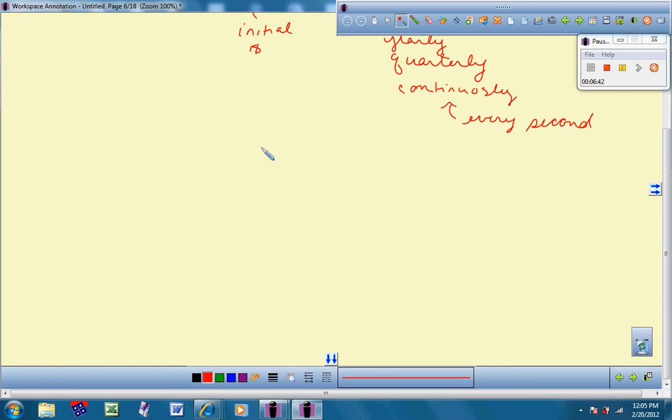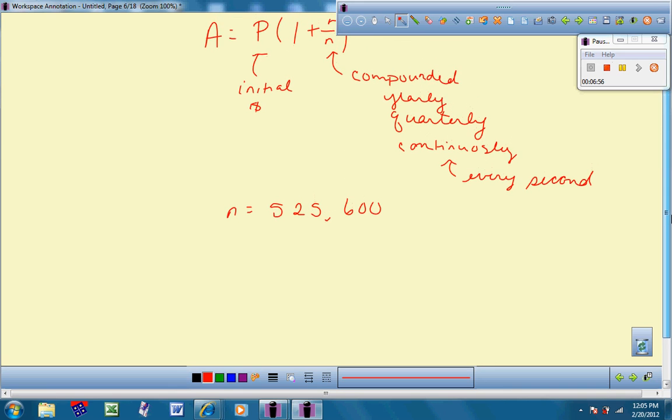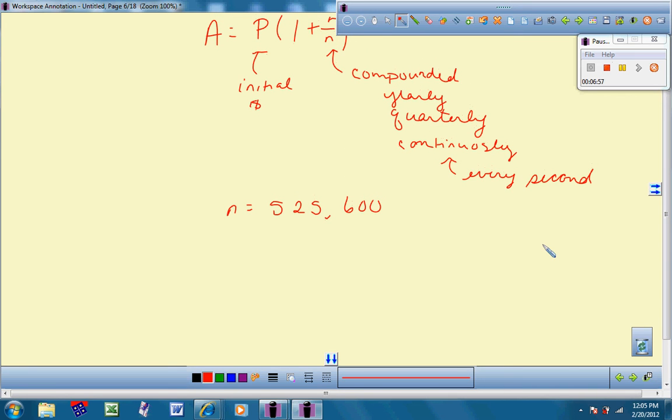I know that there are 525,600 seconds in a year. So this is what we are going to use for n in our model when we start talking about how much interest we have gained and our total amount of money after a certain amount of years.